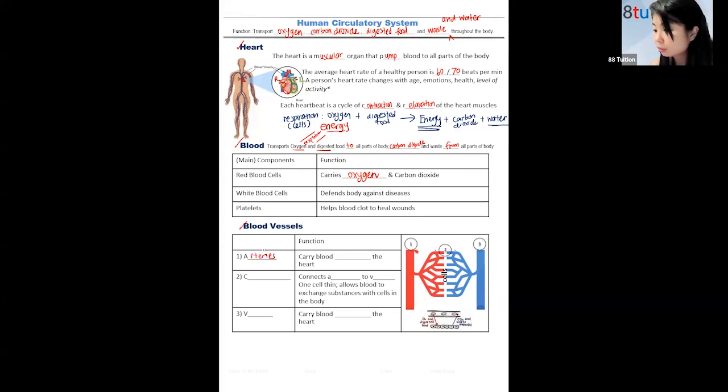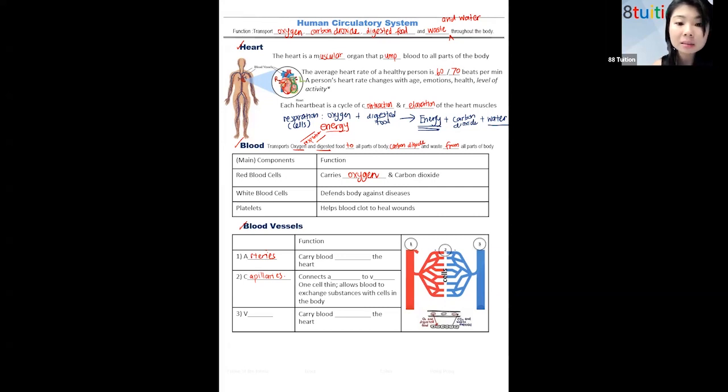Can you copy this down? Arteries. That's the first one. The second one is capillaries. Like caterpillar, capillaries. And finally, the last one.